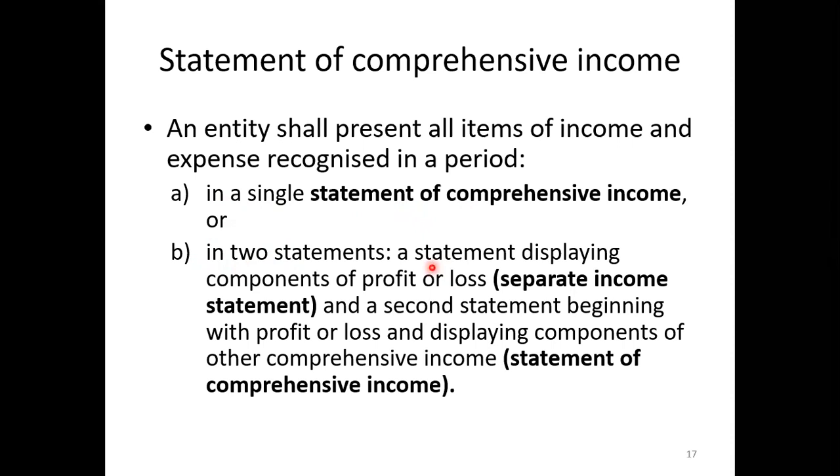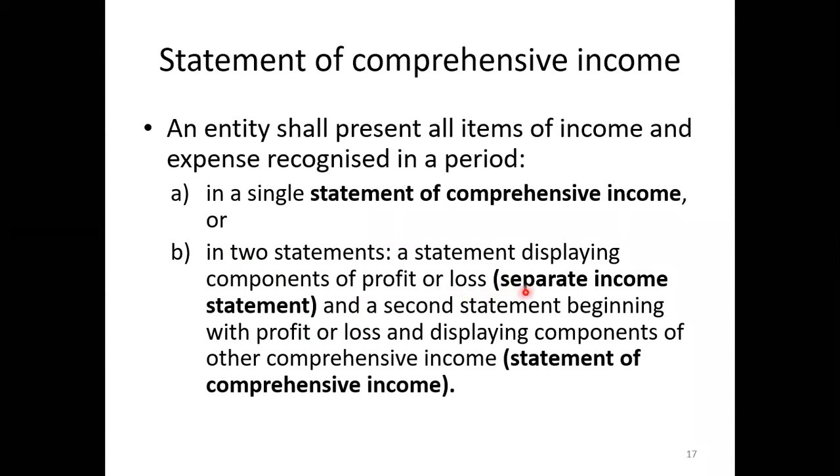So either a single statement of comprehensive income, or two statements. One statement displaying components of profit or loss, a separate income statement, and the second statement beginning with profit or loss and displaying components of other comprehensive income. Normally you find the single statement everywhere. The second method is two statements.